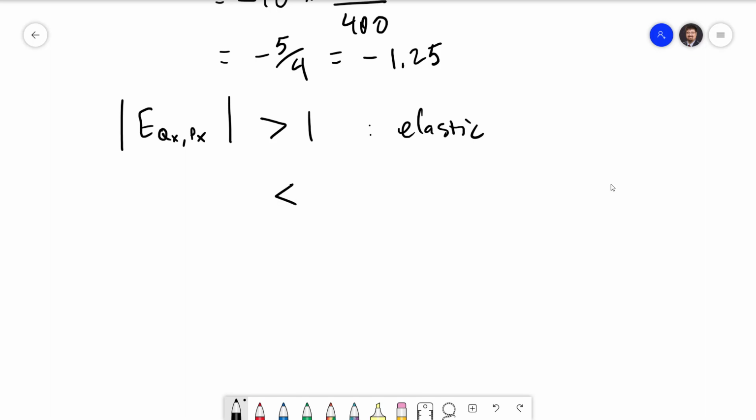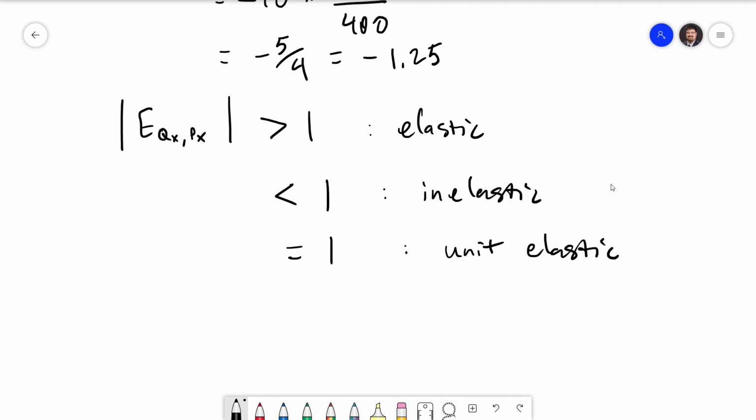If the absolute value is less than 1, we say that it is inelastic, that it is not very responsive to price. In this case, the percent change in quantity is going to be smaller than the percent change in price. And finally, if it is equal to 1, we say it is unit elastic. This means that the percent change in quantity is exactly the same as the percent change in price.